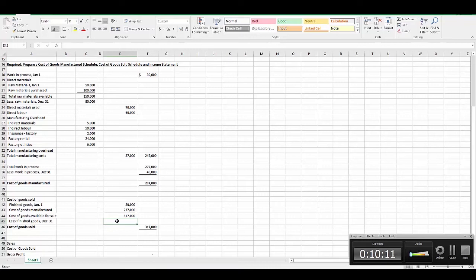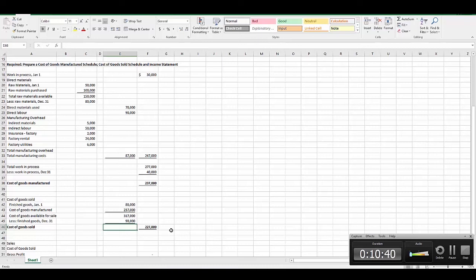You're told in the problem that there was $90,000 worth of goods that were finished but not sold at the end of the year. So we'll enter in our $90,000, and we want to subtract that 90 from the 317, so that gives us a cost of goods sold of $227,000. So that completes our cost of goods sold schedule.